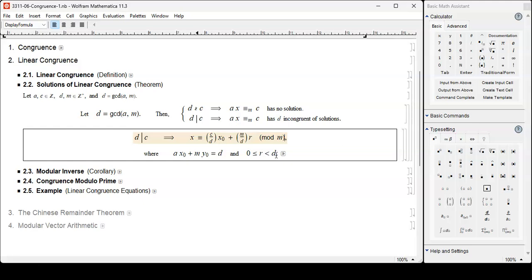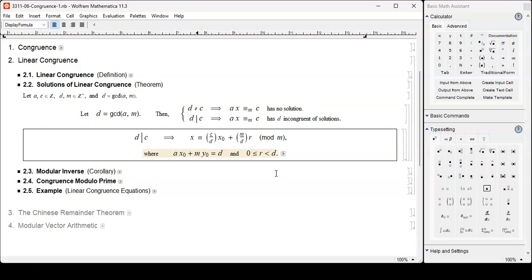This x0 is of course the same x0 for the GCD in Bezout's linear combination expression. And then one more thing, the incongruent solutions are x0 plus m over d times r, where r runs from 0 to d minus 1: 0, 1, 2, 3, up to d minus 1.